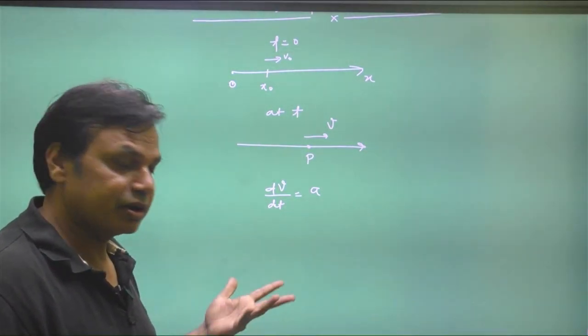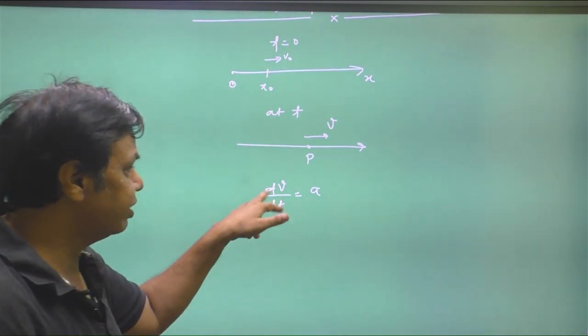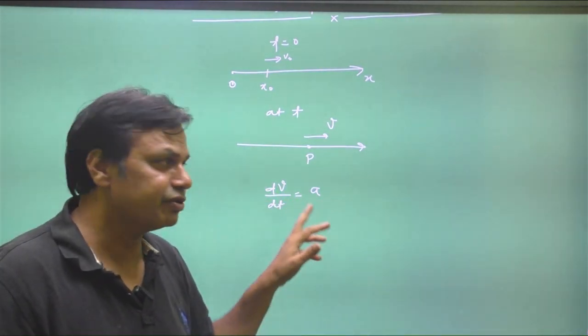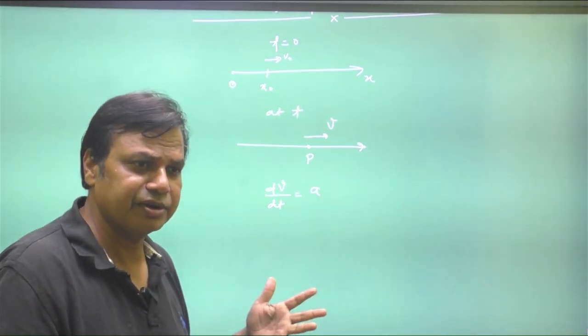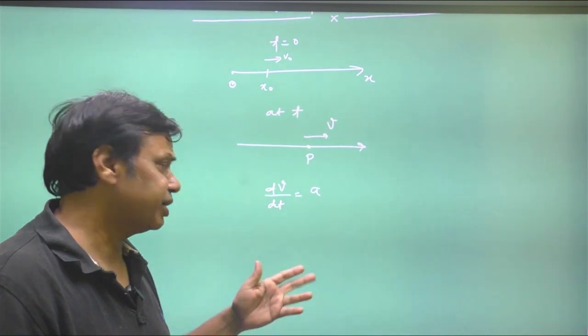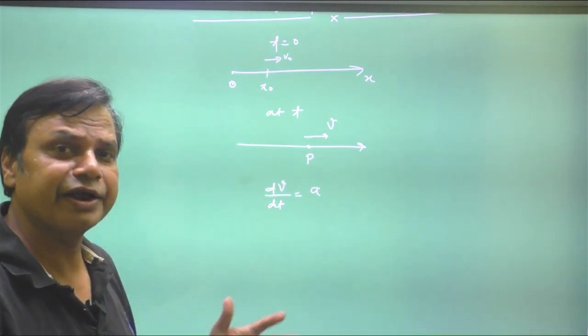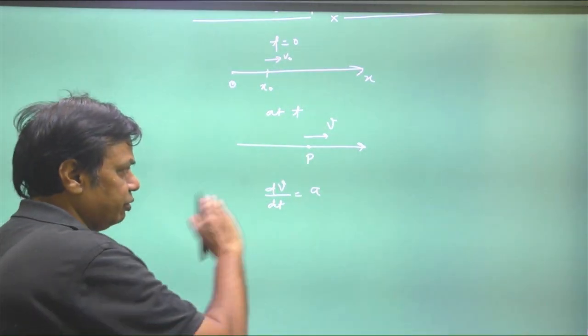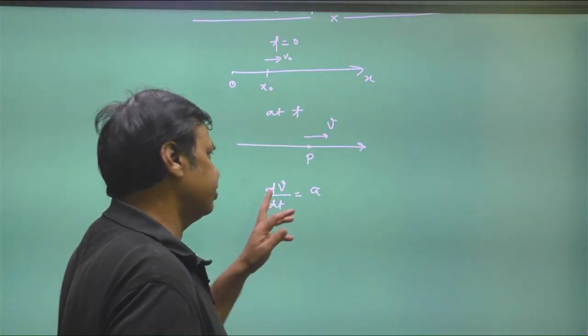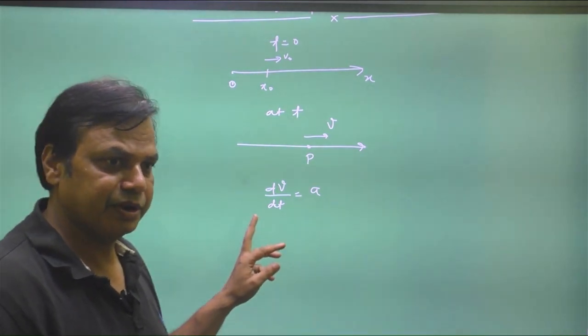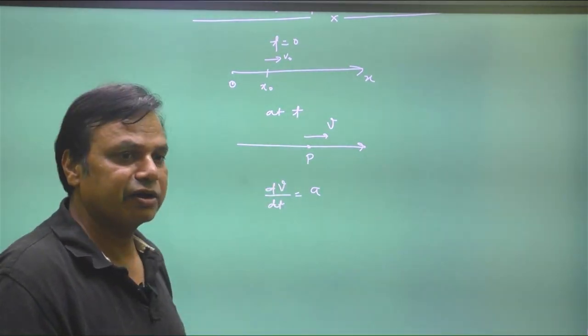This is a differential equation, first order, first degree. You might not recognize it now, but you will recognize one day that this is a differential equation. Variables separable, so you should separate the variables. There are two variables in this equation. One is time, that is the independent variable, and another one is velocity.